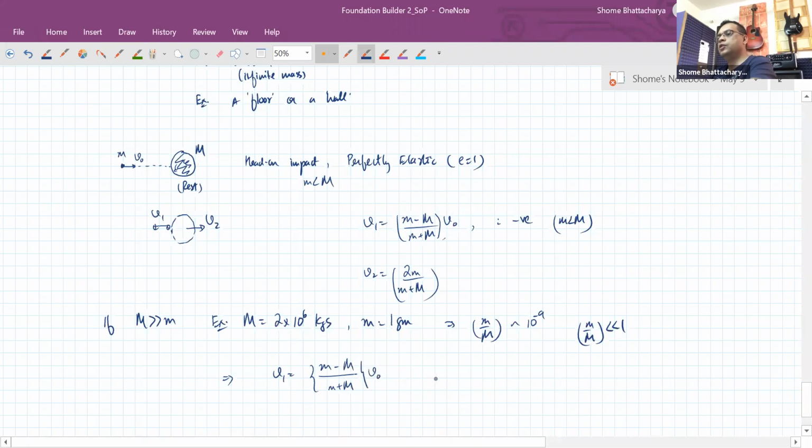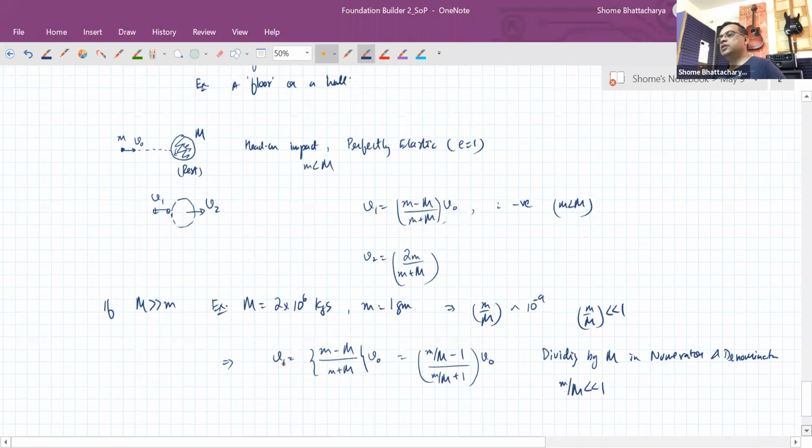Okay, so what we'll do is we'll multiply and divide by capital M. So we are dividing by capital M in the numerator and denominator. And then we are applying the condition that m by M is negligible compared to 1.